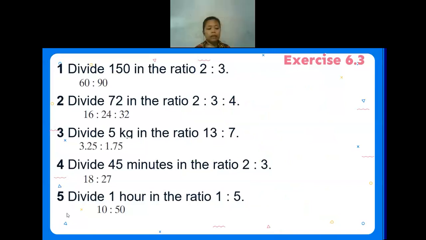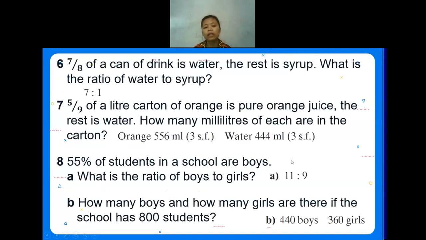For question 6, for the exercise 6.3, I will just show the answer because not all of you submitted the homework back to me. So I will show you the answer later. For those who haven't submitted the homework, please answer it with all of the steps. If you have any difficulties or are confused, please let me know which number I need to discuss.